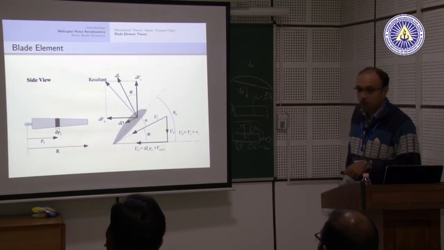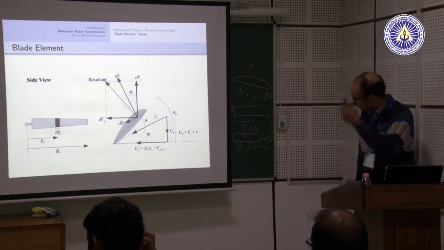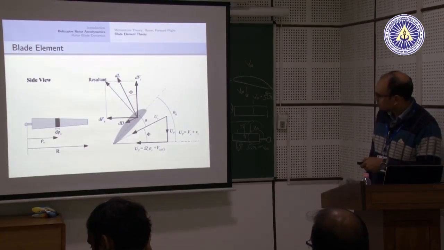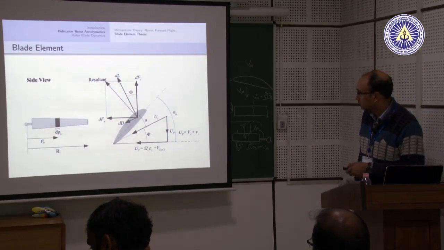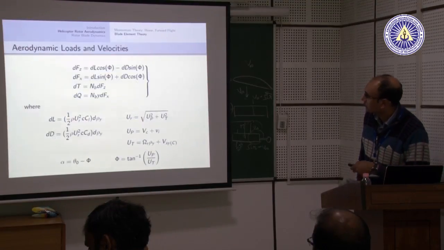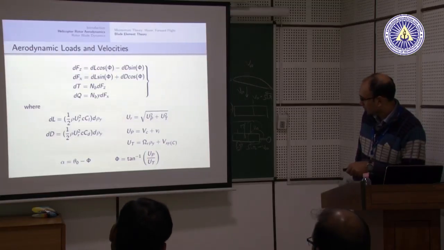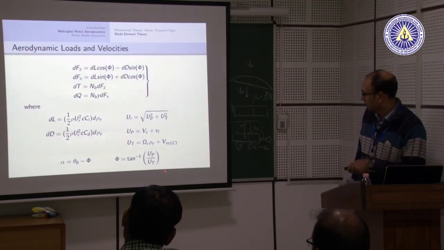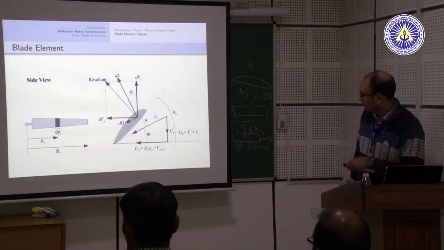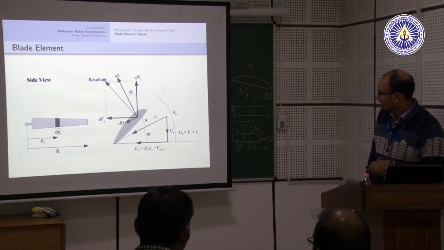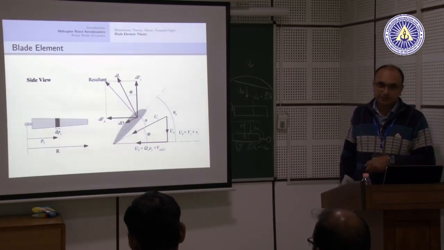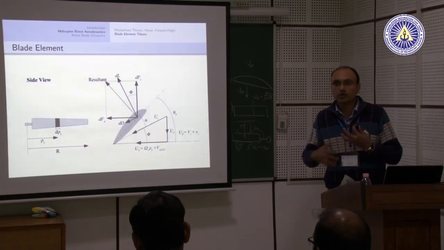The symbol used for that is phi. This angle is given as tan inverse of up by ut. Up was my perpendicular component, ut is my tangential component, and this up and ut may change depending on the level of model I am going to look at.